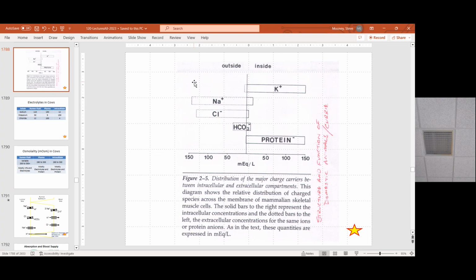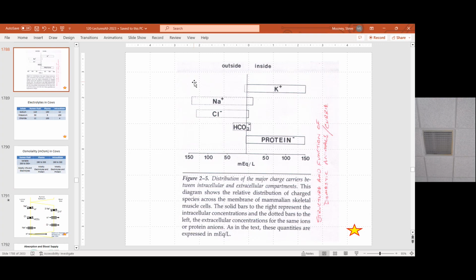It's not perfect from a math standpoint, but if you focus on this being the main positive inside, that's balanced against the main negative inside. And then you've got these balanced with these on the outside. So you guys need to remember, unless you're in vet school. Does that help clear up that question? That diagram puts it very eloquently.